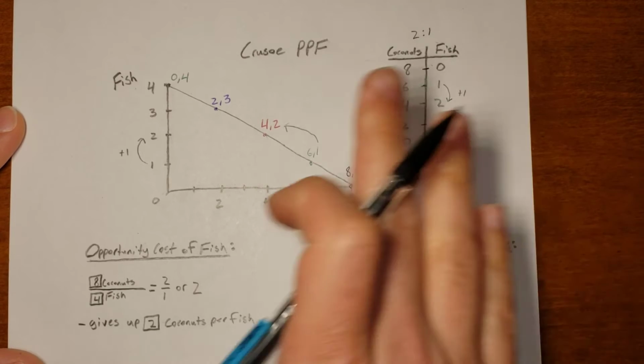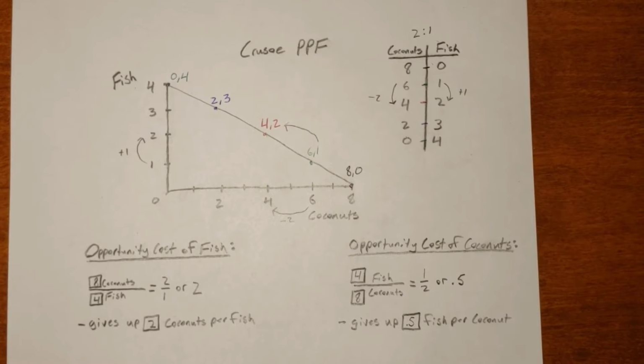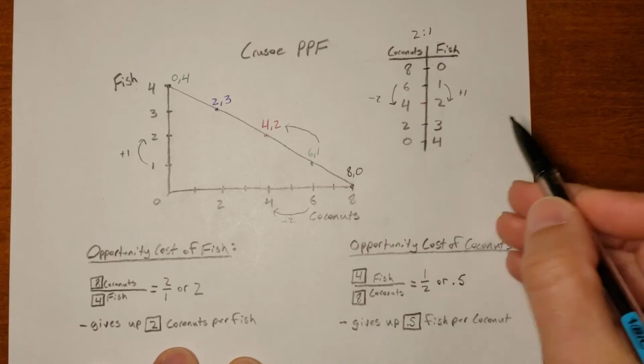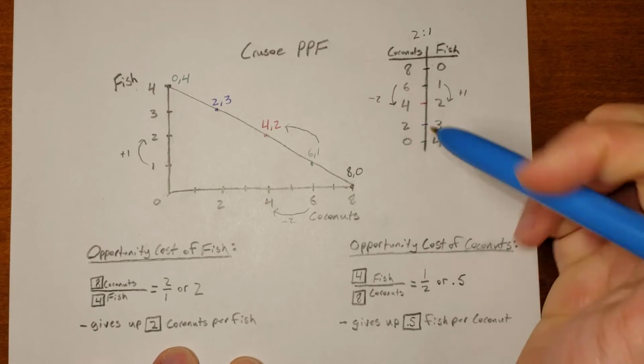And the beauty of this scenario of isolating Caruso onto an island is that you're stripping down all of the noise and complications of a complex economy. And we can very easily see that Caruso could be producing, maybe he would want to produce, let's say here, 1/2 and 1/2.